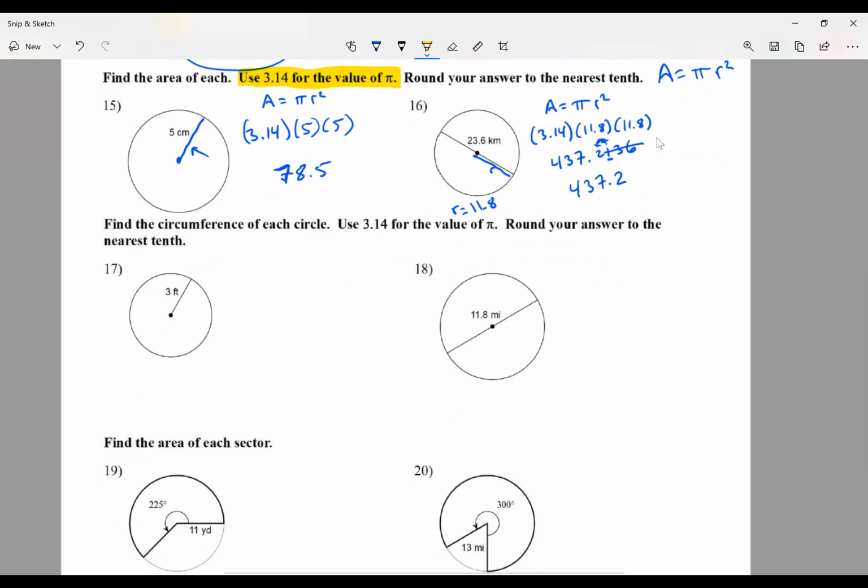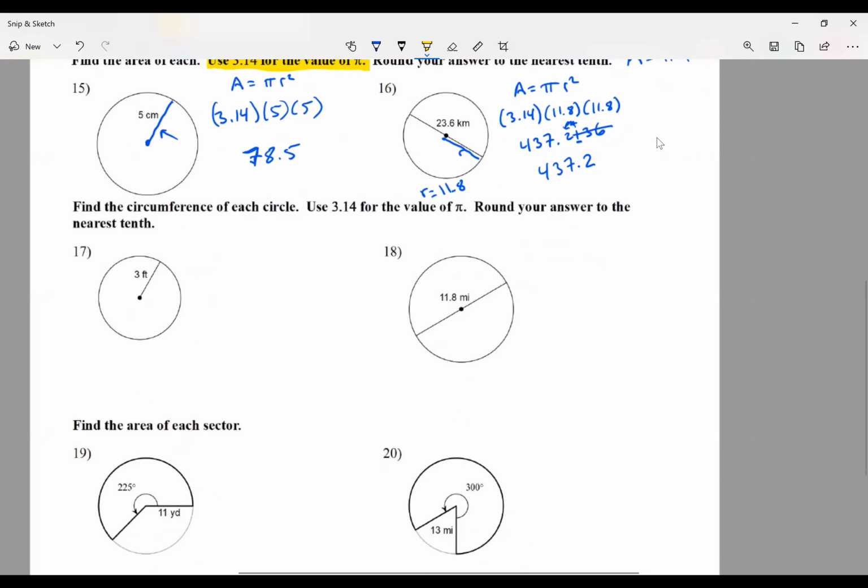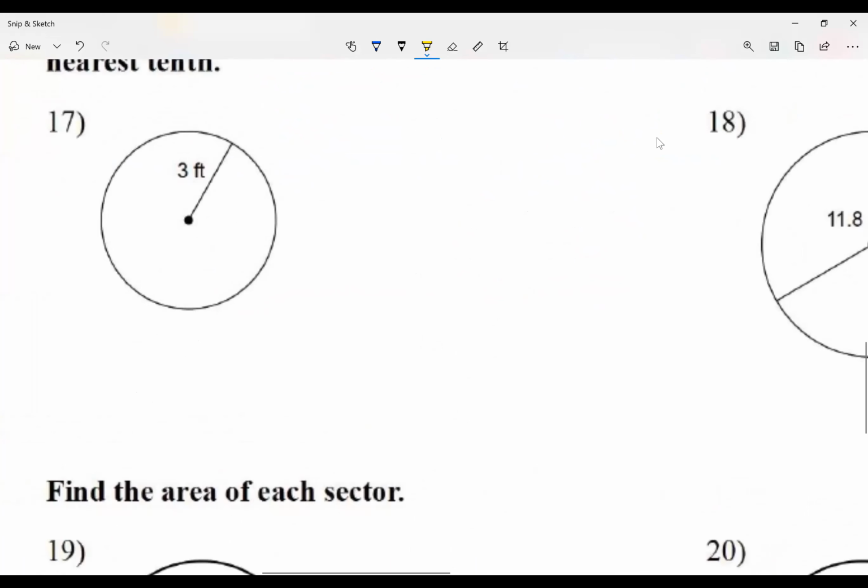Then question number 17 and 18 say, find the circumference of each circle. Use 3.14 for the value of pi. Round your answer to the nearest 10th. I just showed you a few minutes ago, the circumference of the circle is 2 times pi times the radius. If you Google it, you might find that it says diameter times pi.